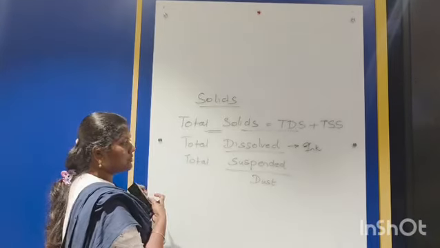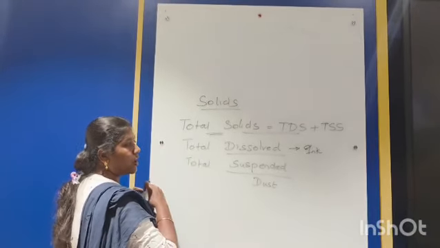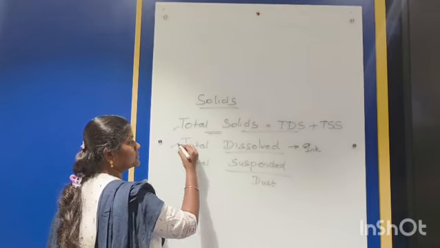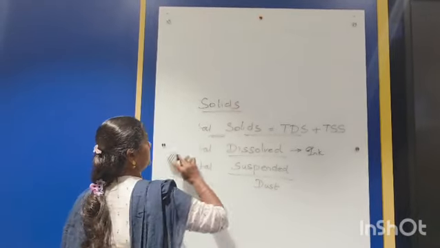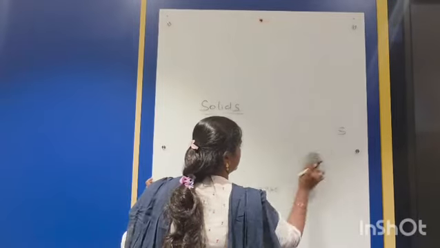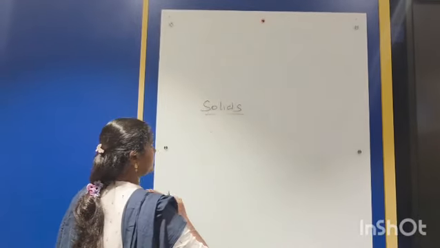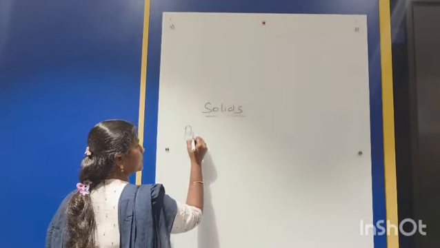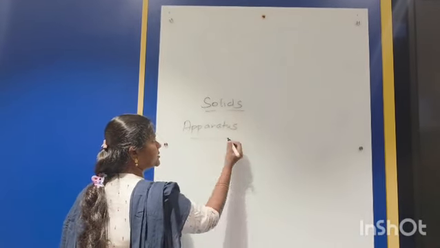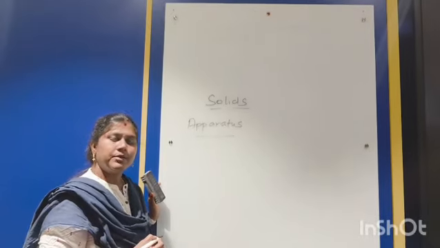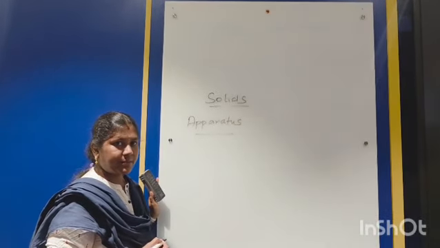Now we are going to determine how to do the total dissolved and suspended solids in water. Apparatus used for this particular experiment: the experiment is done with the help of the gravimetric method.